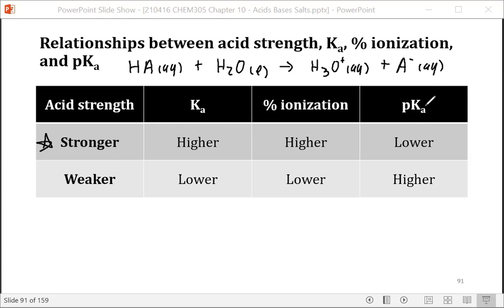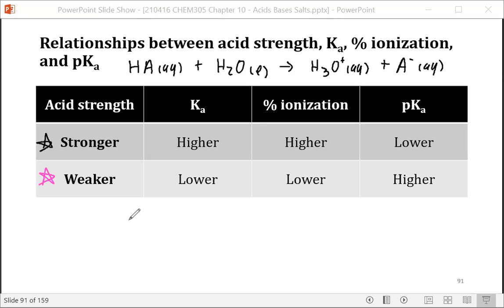When we calculate the pKa of something with a high Ka, the pKa is going to be smaller or lower. So because we're taking the negative log when we calculate pKas, the pKa value will be less when we have a higher Ka value. Just like with pH, when we have a higher concentration of hydronium ion, H3O plus, the pH value is lower because we're taking the negative log.